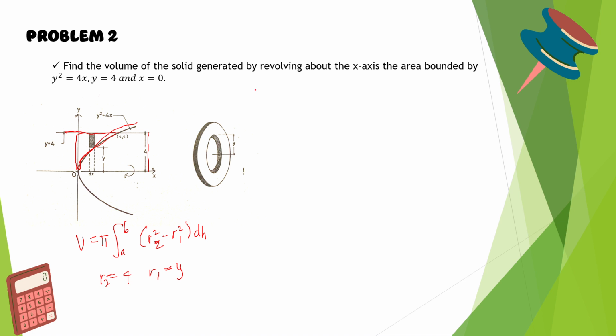So our volume is equal to pi from a to b, r2 squared minus r1 squared.